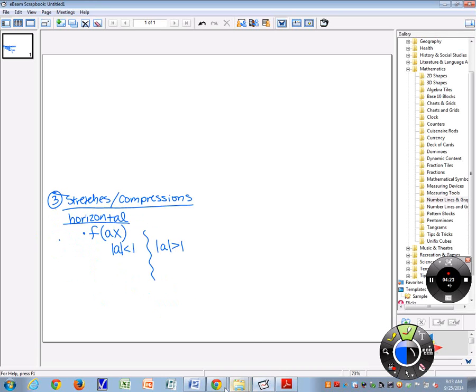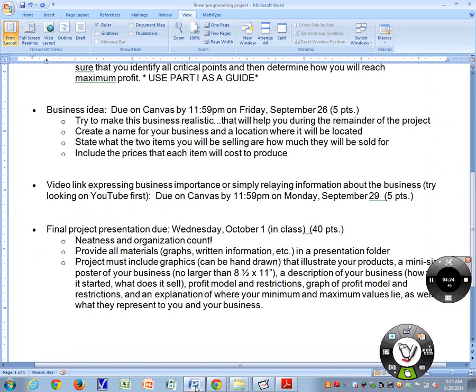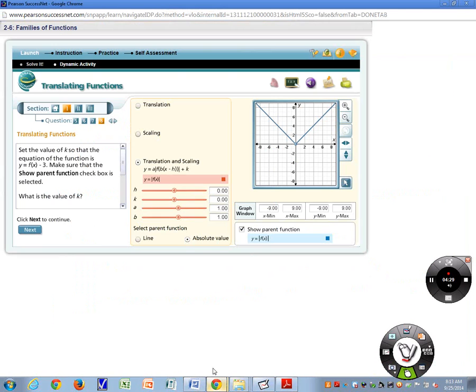We didn't really use the horizontal ones with absolute value because we just always factored it out to be a vertical change, and we'll see at the end of this discussion how vertical and horizontal stuff, they could be translated as both. Like you could say, oh, that's a vertical compression, but you might call it a horizontal stretch. We'll see. So here's an equation.